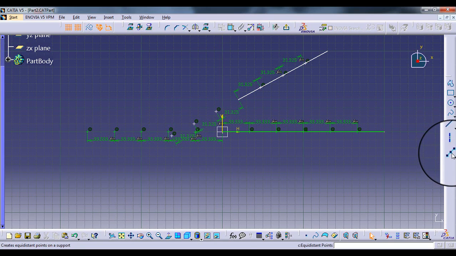When we select the equidistant points command, those points get plotted in the positive direction of this line, but when we choose the reverse direction option, those points get plotted in the negative direction of this line. So this is how the equidistant points command works.